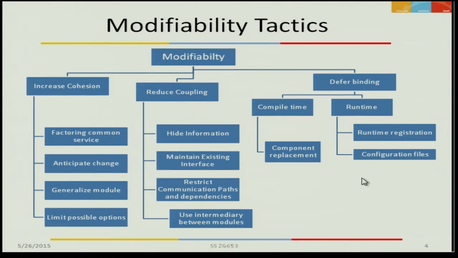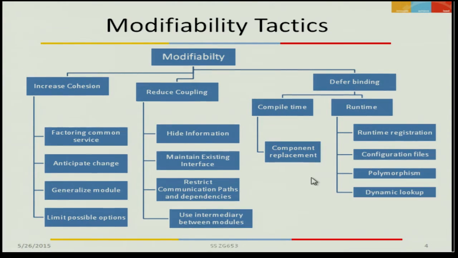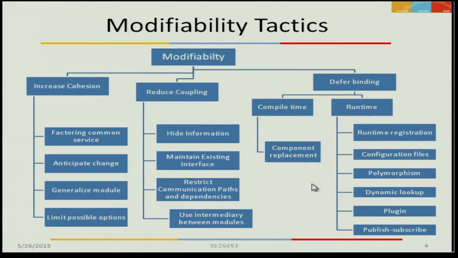Runtime could also mean changing things using configuration files, or using object-oriented polymorphism, or even using some kind of a dynamic lookup of the services. Plugin is also another technique which is very runtime to basically add, modify certain features. Publish and subscribe is also another technique. Now let's look at all these tactics in detail.